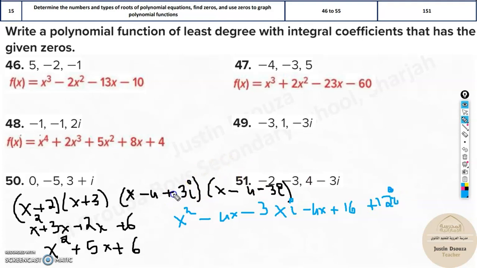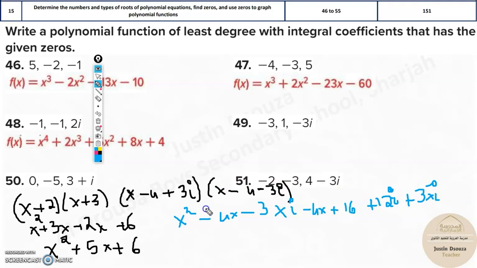And lastly, we have to multiply 3i again. So when I multiply 3i over here, it's going to be plus 3xi. It always cancels. See, now this and this cancels, right? What is remaining? It'll be minus 12i. Even that will cancel. Minus 12i with plus 12i, it cancels.